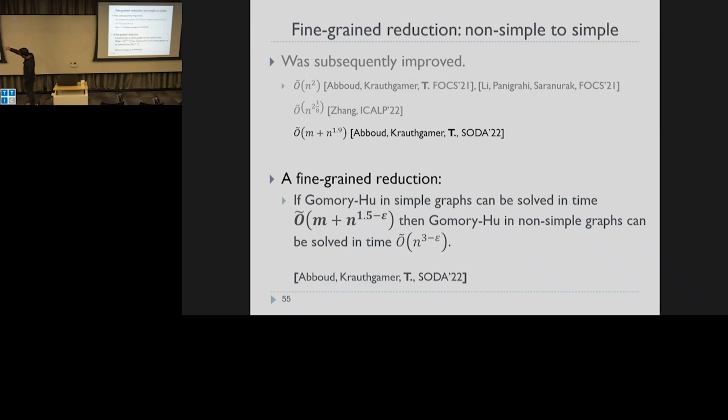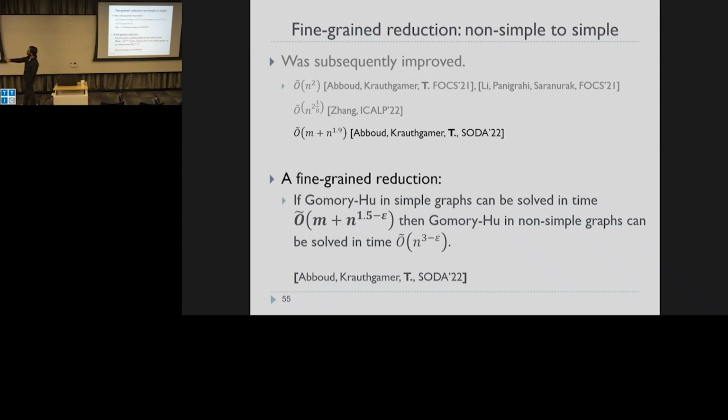If you consider this last algorithm, m plus n to the 1.9, then what we showed is a fine-grained reduction. We showed that if we can continue these improvements, maybe not even all the way down to linear time, but just even m plus n to the 1.5.